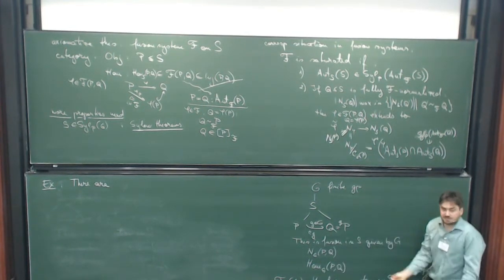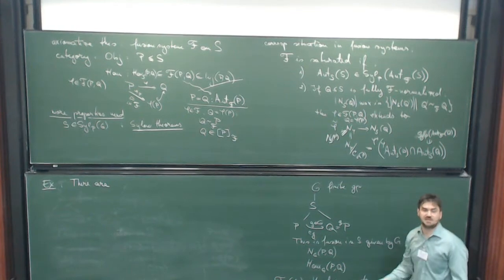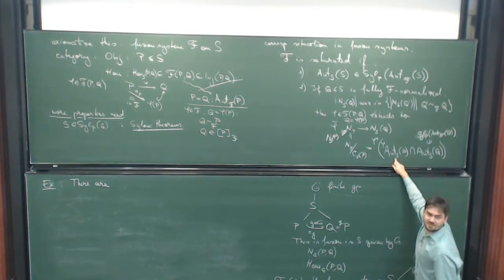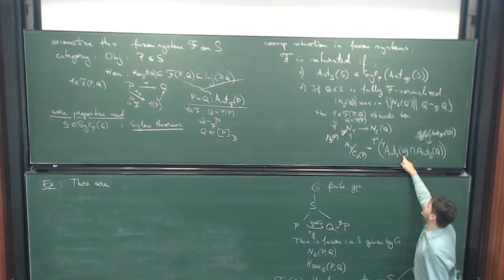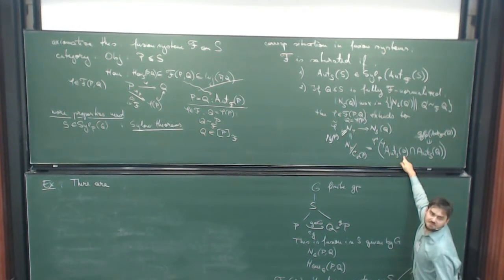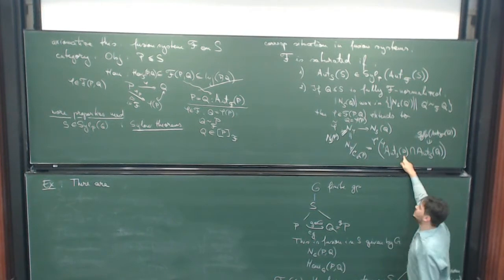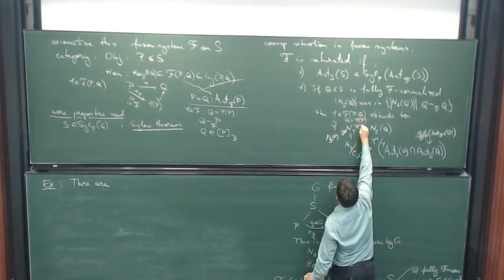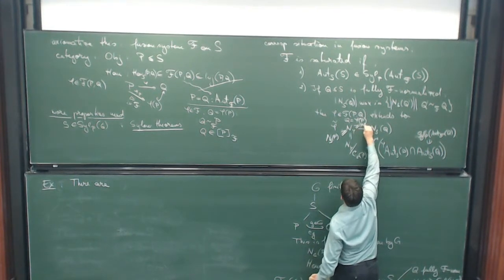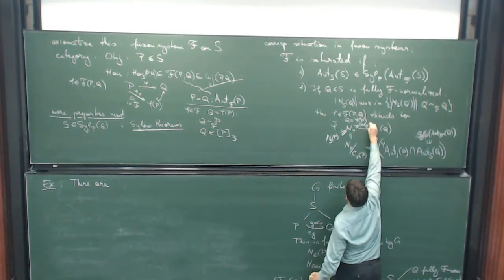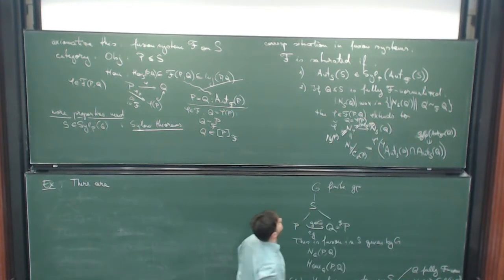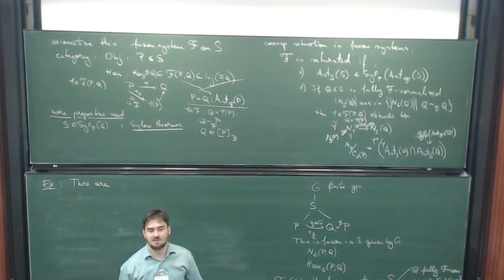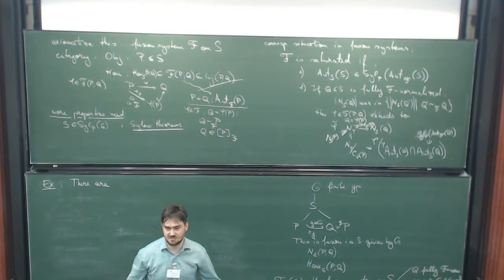Okay? You can get the full normalizer, or you can get much less. Yeah, for sure you'll get the inner. So you get at least P times its centralizer in S. Yeah, it's the largest.